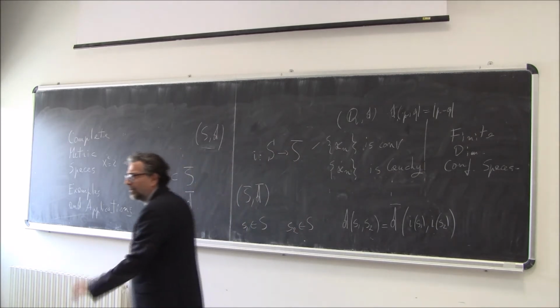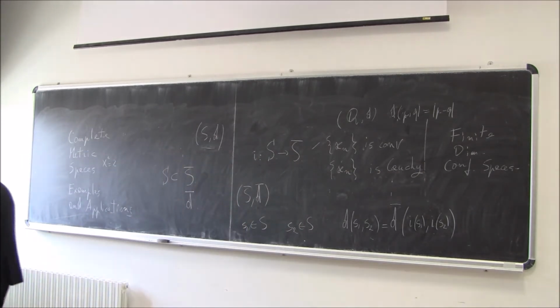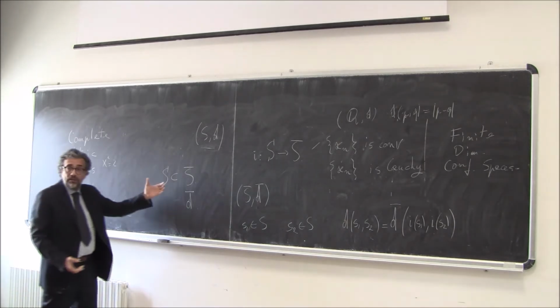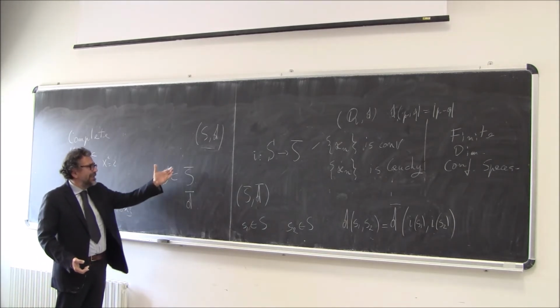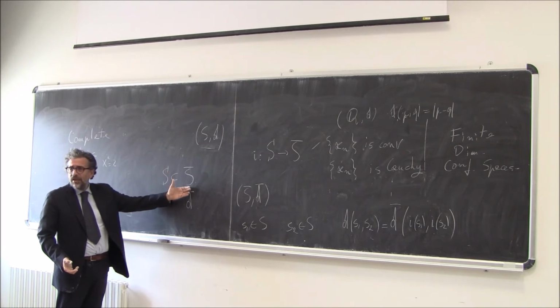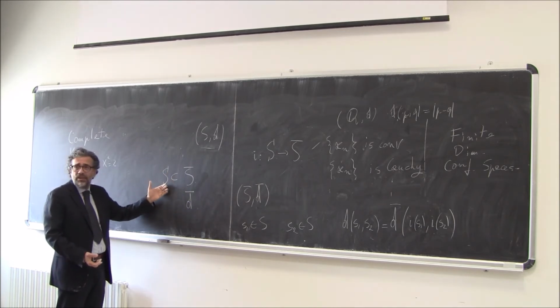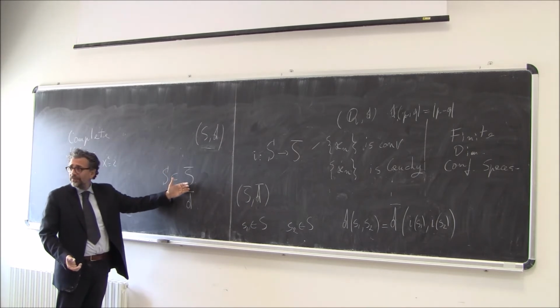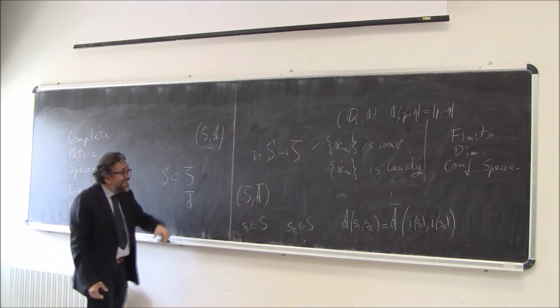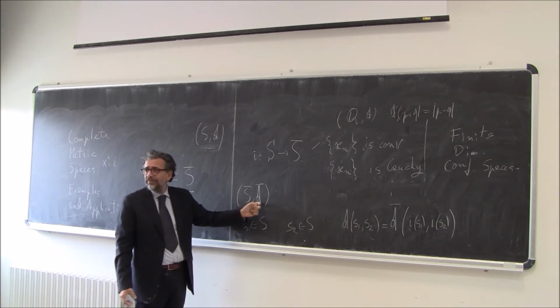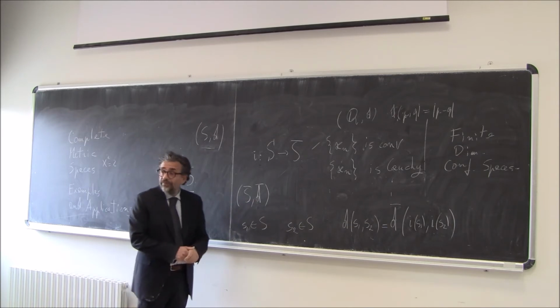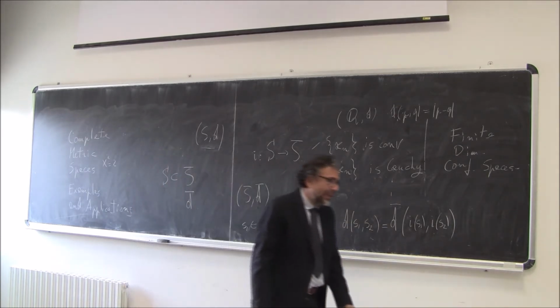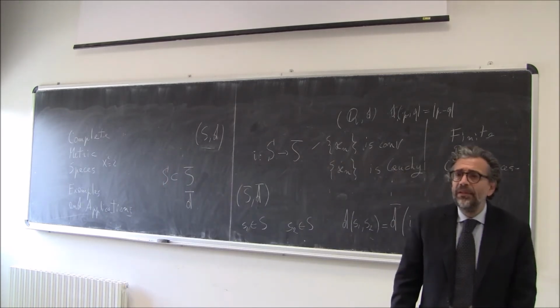Okay? So what we want? We want to take your set S. You build another set S bar. You identify every element of S with an element of S bar. You extend the metric in S bar, okay?